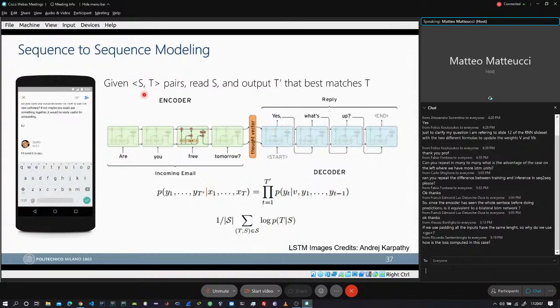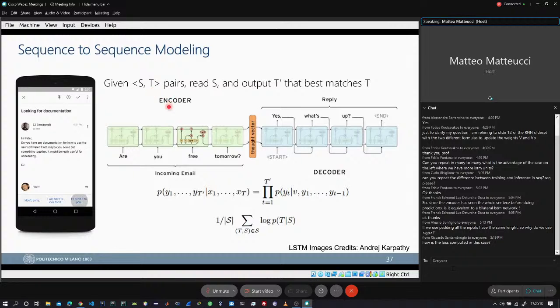S is the source sentence, T is the target sentence. For any source sentence, I will predict one output sequence T prime, which should be as close as possible to the desired target sequence.